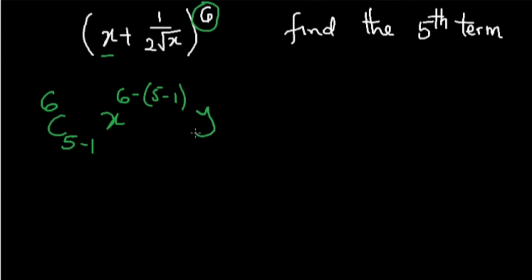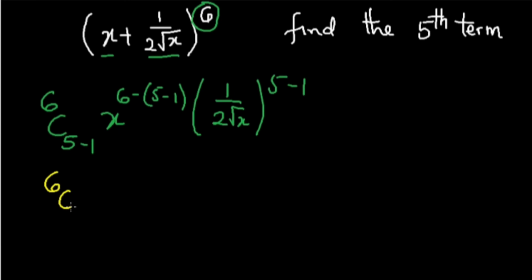Then my y, in this case, my y is the whole of this. That will be 1 over 2 root x, then to the power 5 minus 1. So 5 minus 1 is 4, right? Then that will be x raised to power 6 minus 4 also, then 1 over 2 root x raised to power 4.